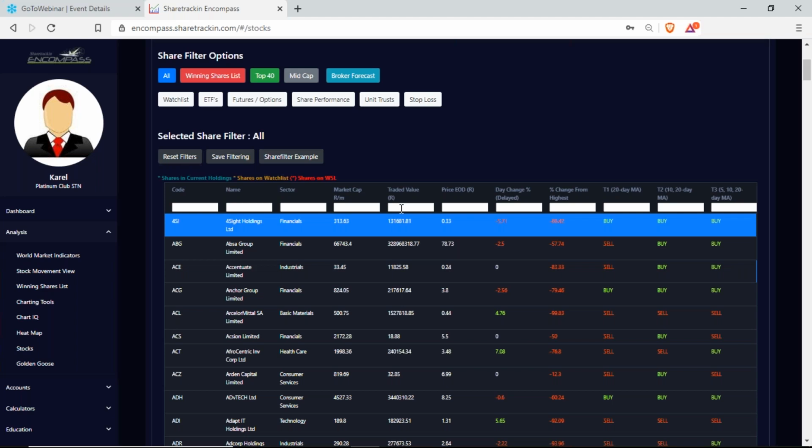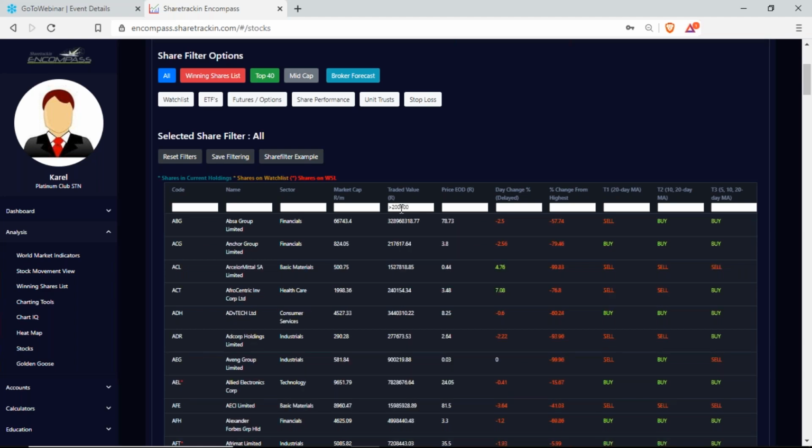Now I'm going to click in that little white block underneath traded value, and I'm going to insert greater than 200,000. This ensures that I filter out the good shares and leave out bad shares.